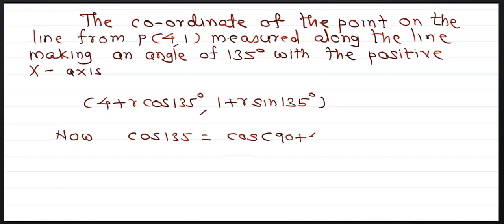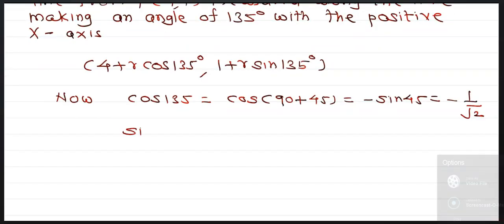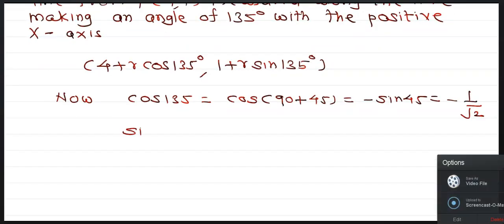Now cos 135 can be written as cos(90 + 45), which equals minus sin 45, and that is equal to minus 1 upon root 2.